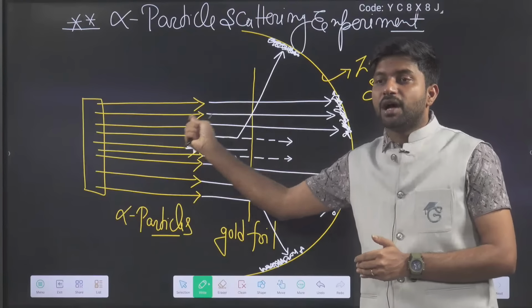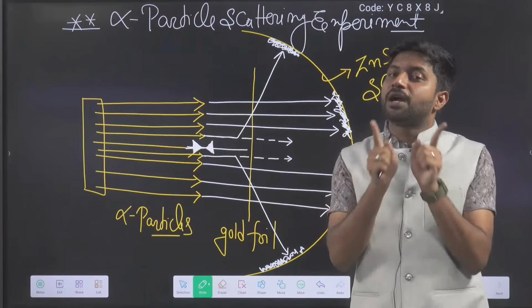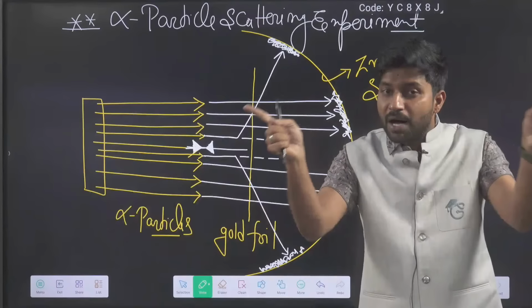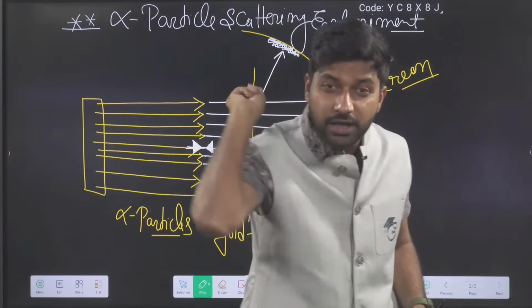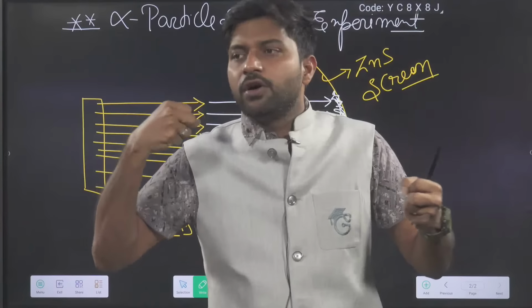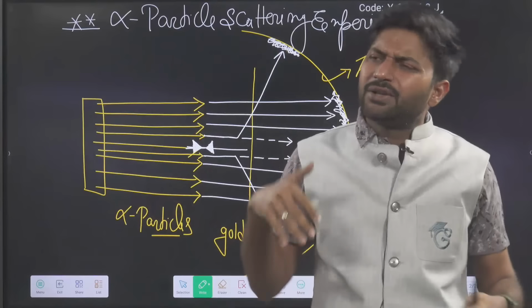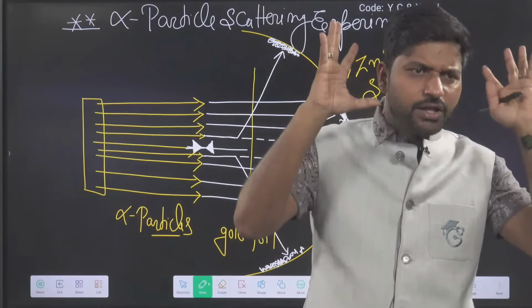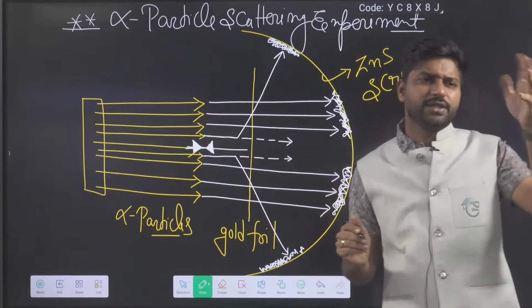Maximum alpha particles moved straight, few alpha particles deviated from their path, and out of 10,000, only one or near to one is deflected, or you can say took a U-turn. Somewhere it is 10,000, somewhere 20,000.